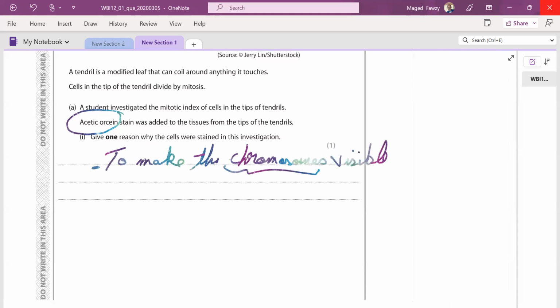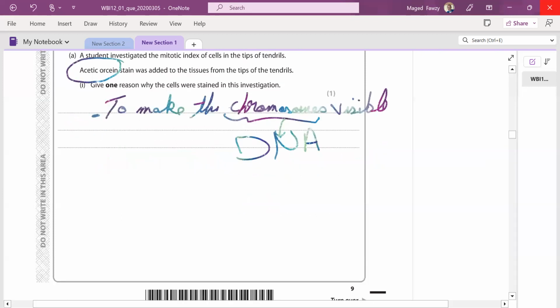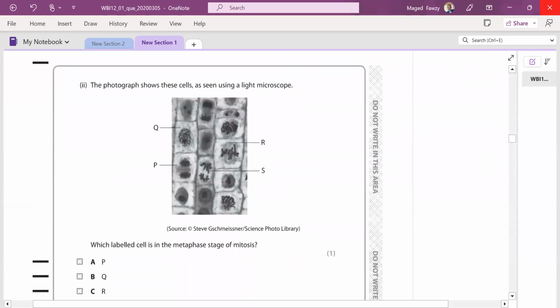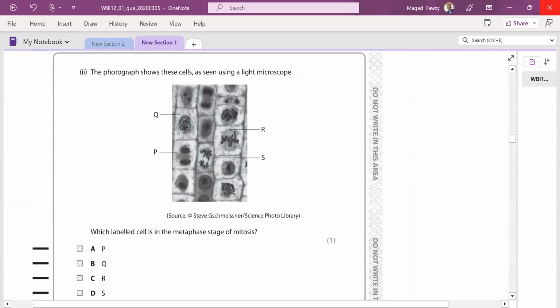You can use instead of chromosomes, DNA. Question before, guys, surely you are telling yourselves that right now.